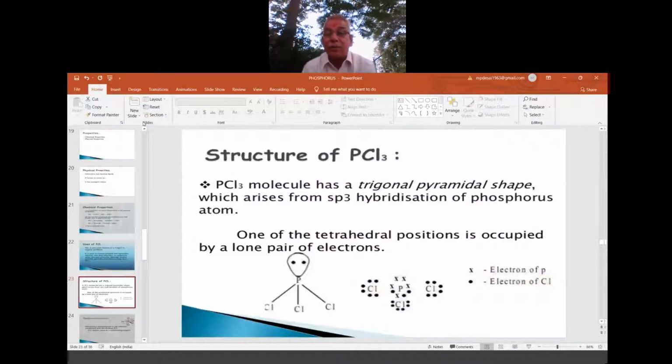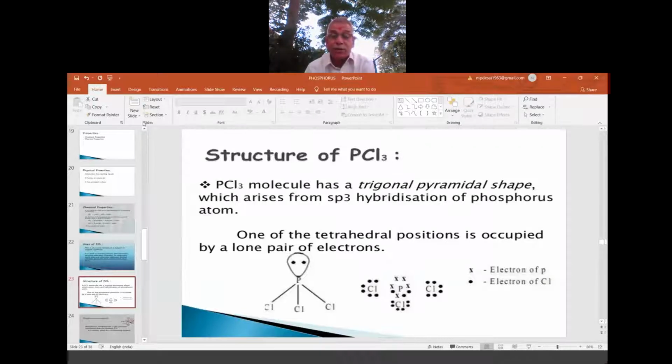Structure part: trigonal pyramidal, not bipyramidal, only one is there. So the lone pair of electrons on the P gives it one particular geometry in space. It looks like tetrahedral, but not actually tetrahedral. It looks like a distorted tetrahedral, but the correct name is trigonal pyramidal.